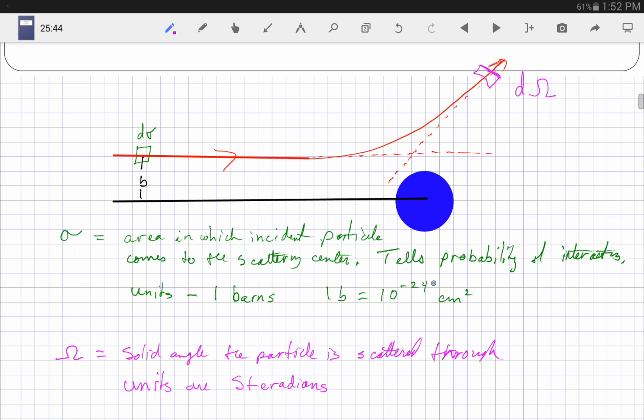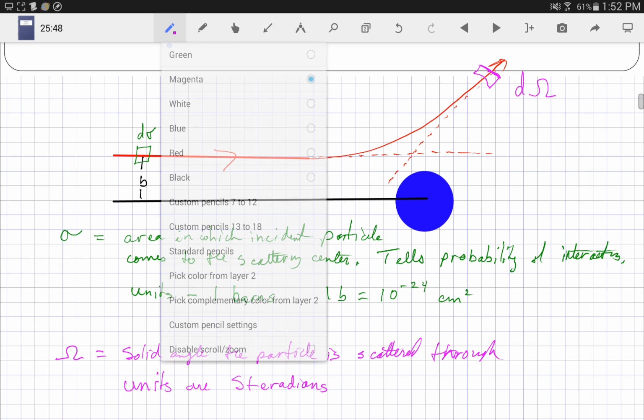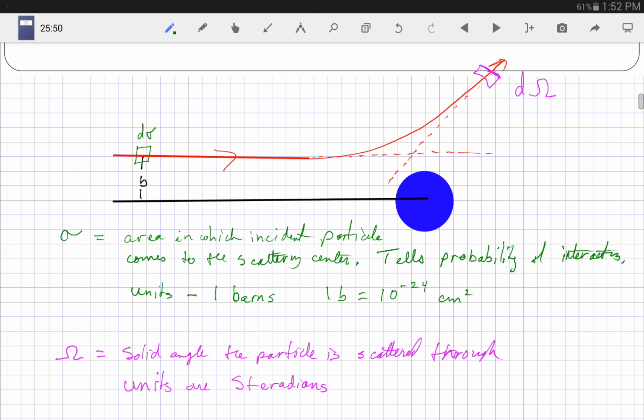By the way, this is actually not the SI unit. This is what the textbook said. If you want to get it to the SI unit, you have to go to meters, because there's 100 centimeters squared. Okay, so omega is the solid angle the particle scattered through.